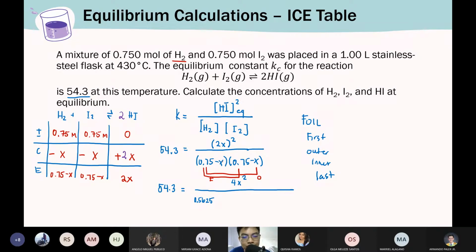Outer is 0.75 times negative x lang. You multiply them, ha? Just recall your FOIL method. Pwede po ba square root na lang yung whole equation? Actually, pwede naman. Shortcut yan eh.